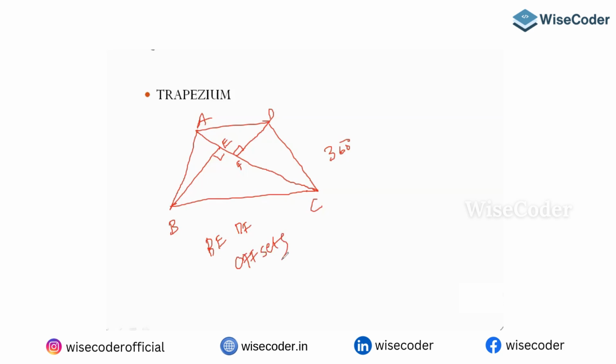And you need to understand here A plus C is equal to 180 degrees. And in the same way, B plus D is also equal to 180 degrees. Okay. Understood? So this is what you need to understand.